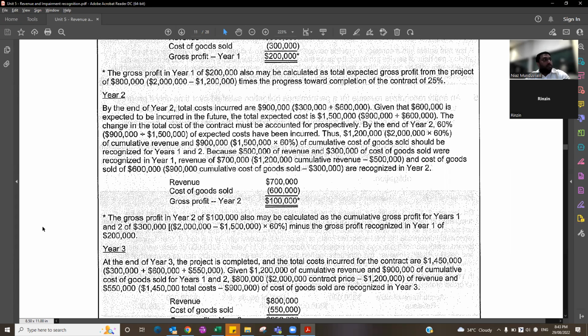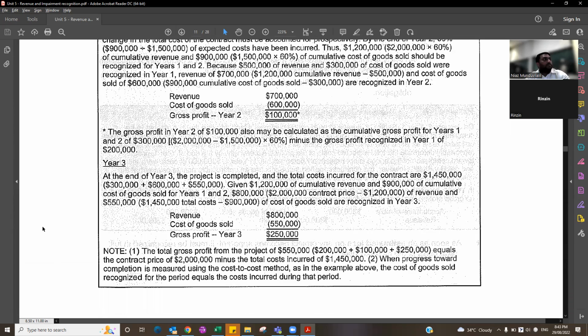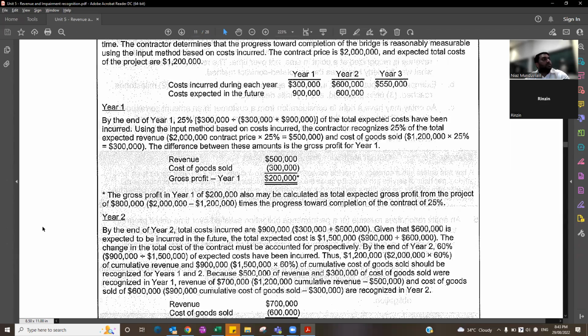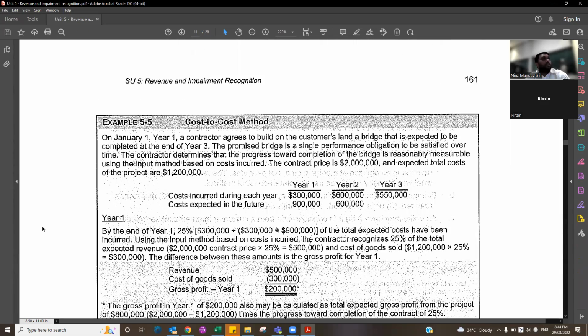And in the third year, what happens? How much is the additional cost? 550,000. So the total cost of the project will be 300 plus 600 plus 550.